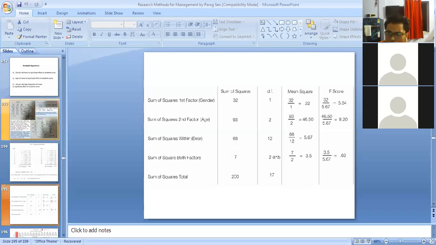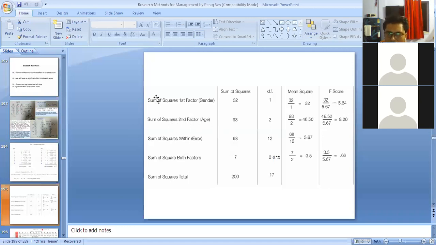There will be no case of age. Or you can also do, you are not considering the gender, you are only considering the sum of square for the factor age. And you will be considering only the sum of square within, taking into account the age.